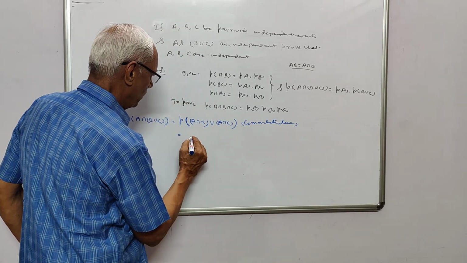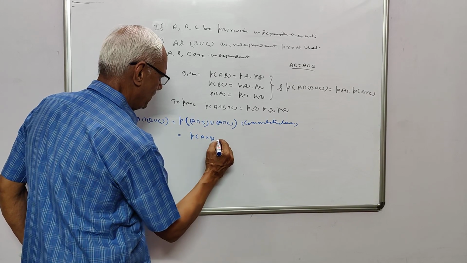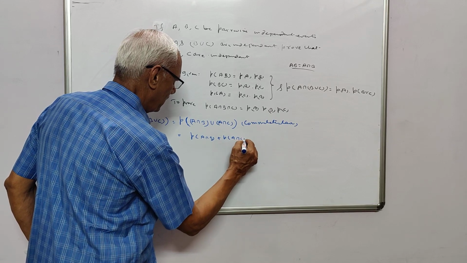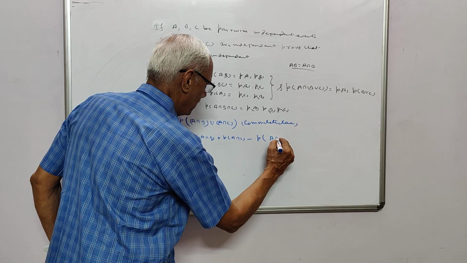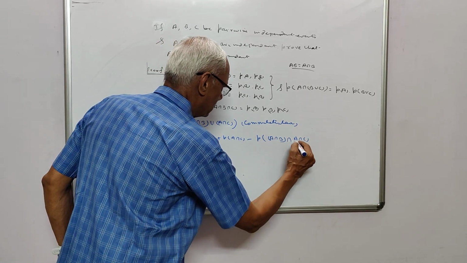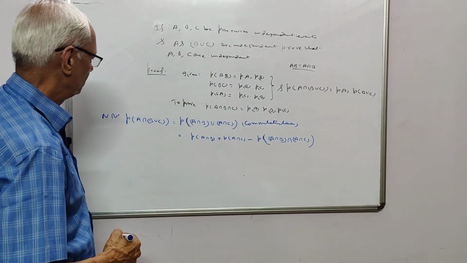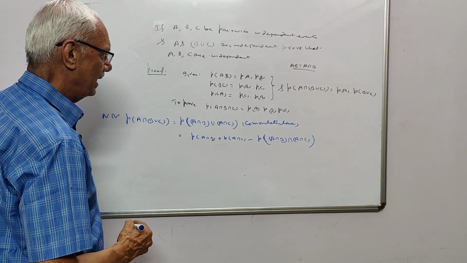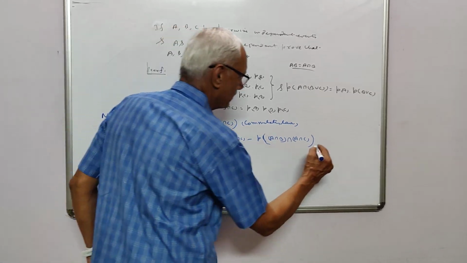And this is equal to P of A intersection B plus P of A intersection C minus P of A intersection B intersection A intersection C. So this is what I get. So you see that, I will write it here, this is the addition theorem.